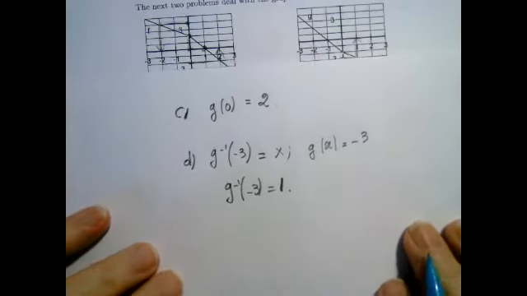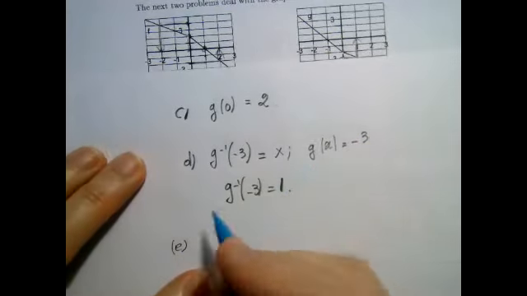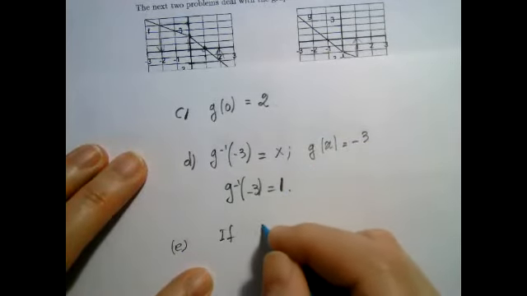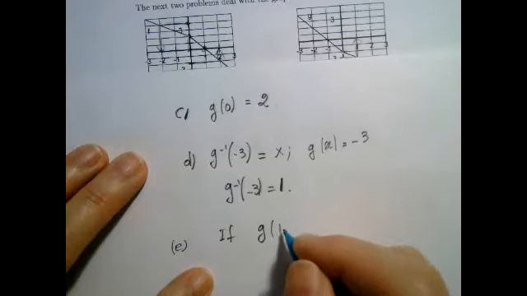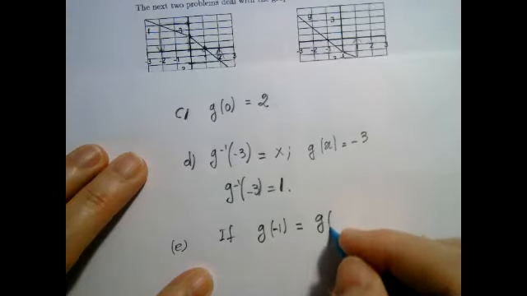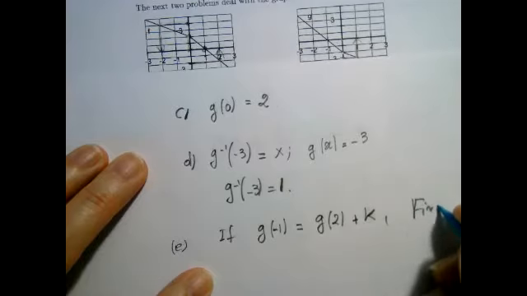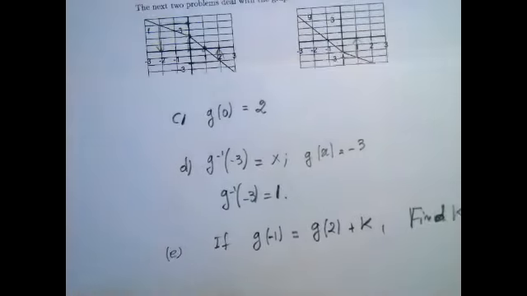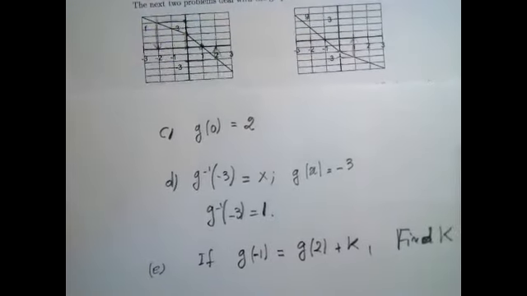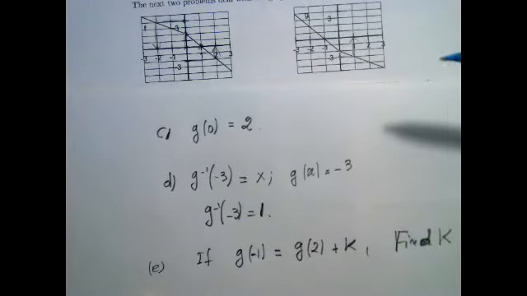All right. Now the question that I've been asked is the following. E. It looks complicated, but honestly it's not. If you're told G of -1 equals G of 2 plus K, and the question is, find K. Anyone? So G of -1 equals G of 2 plus K, find K. Okay, I'm getting 5.